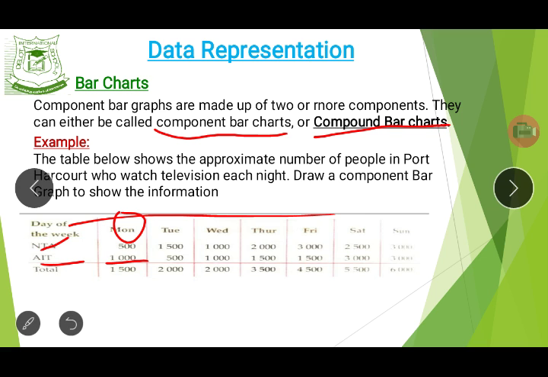We'll be having two bars, one for NTA and the other for AIT. And then we know that the total would be 1,500. All right. So now let's look at that. The same thing for Tuesday and Wednesday and Thursday and Friday and Saturday and Sunday.